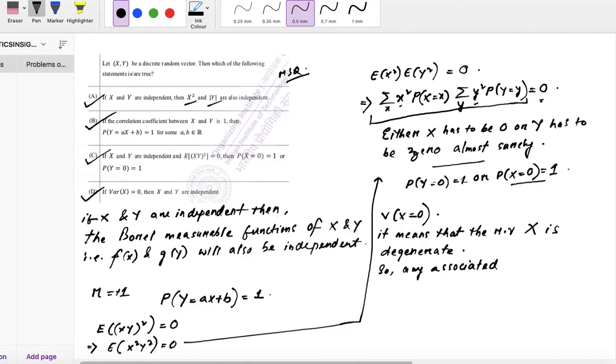So any associated random variable with the degenerate random variable is always independent.